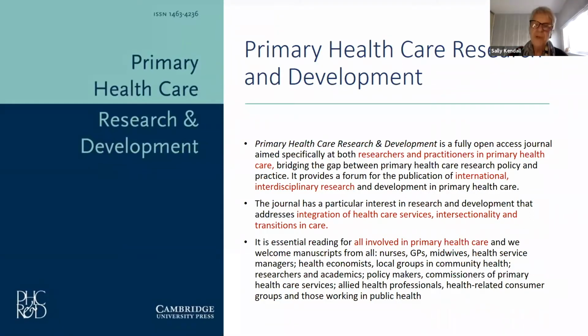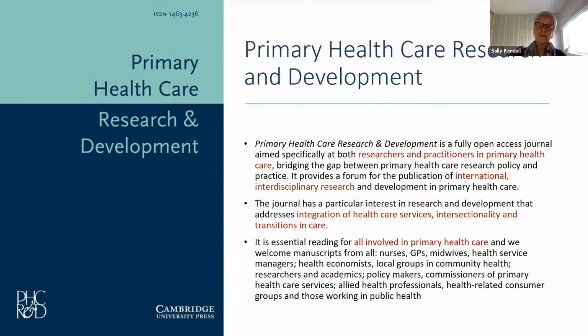So Primary Healthcare Research and Development is a fully open access, gold open access journal, and it is aimed at both researchers, academics, and practitioners in primary healthcare, which is really important in terms of the open access side of things, because we want practitioners to be able to read the evidence and the research findings from studies in primary healthcare.